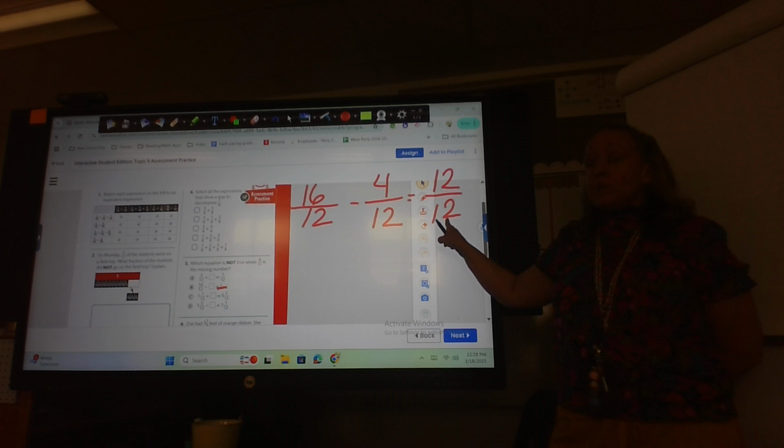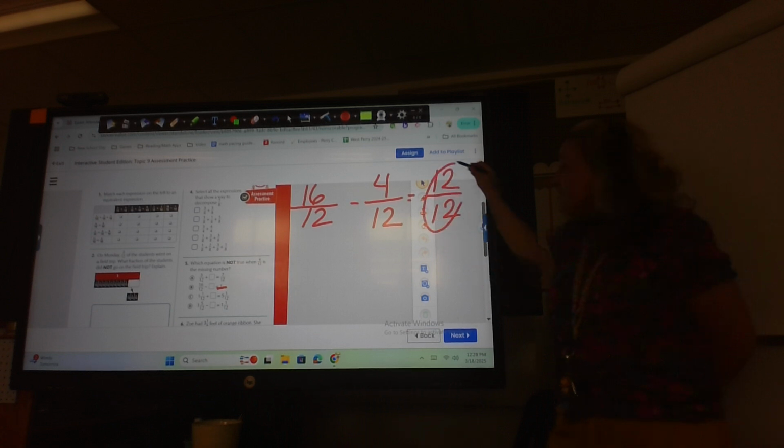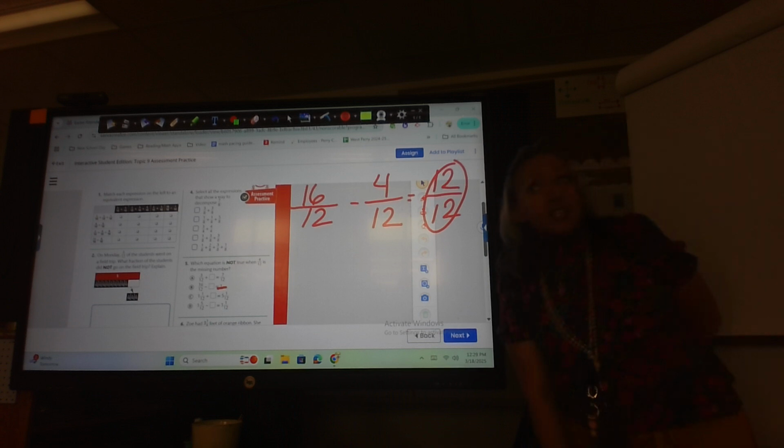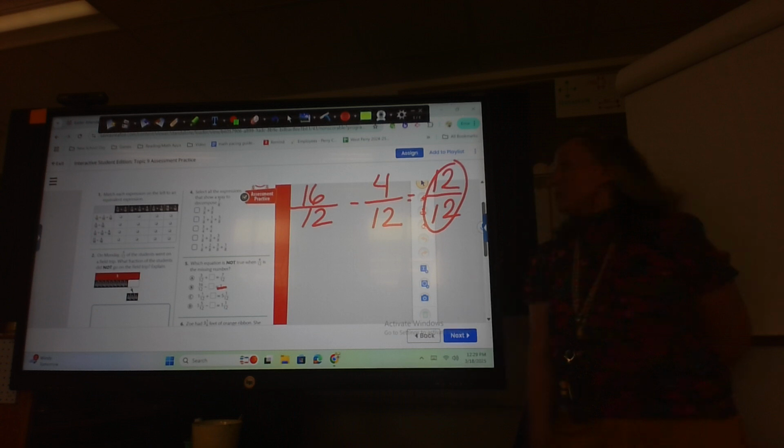No, but that's a whole. 12 over 12 is a whole. So this is 1, guys. That is 1 whole, isn't it? If you have a pizza cut into 12 slices and you eat all 12 slices, how much pizza did you eat? The whole thing. You ate 1 whole pizza. Yes.